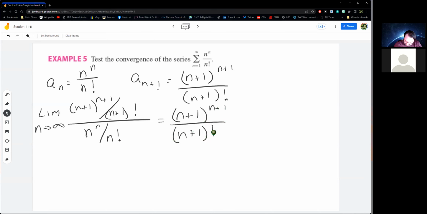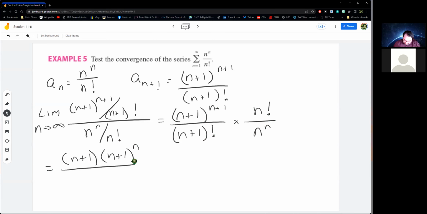Let me actually just rewrite this as a multiplication so you can see that. All right, so the n plus 1, that piece, I'm going to do the exact same thing I did with the numbers. So this is the same thing as saying that to the nth power. I'm pulling out that 1. I actually can do something very similar with n factorial.